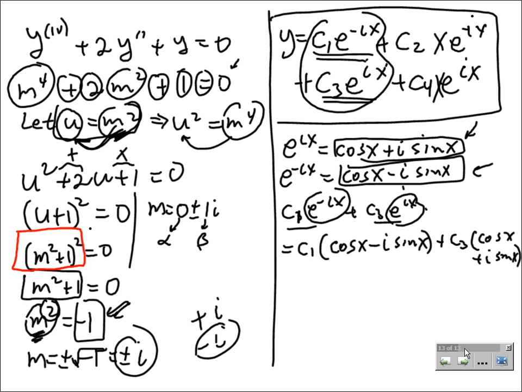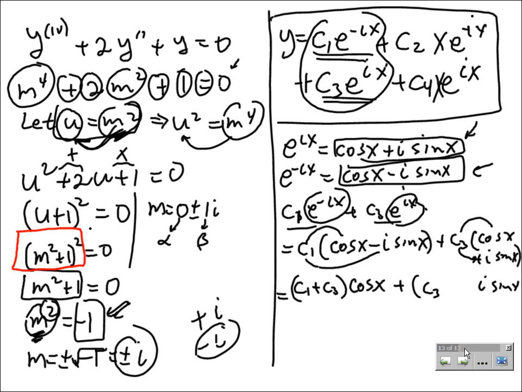Now let's combine like terms. I have C1 cosine x plus C3 cosine x, so I have C1 plus C3 times cosine x. Plus, now let's add the sine x's. How many i times sine x's do I have? Well, I have C3 of them, and I'm taking away C1 of them.